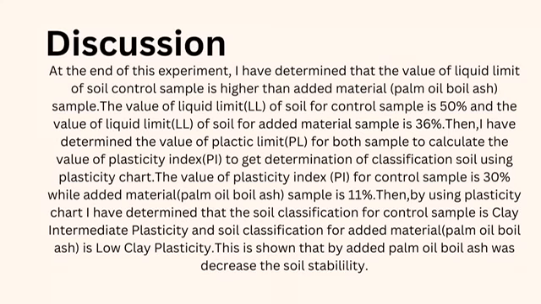Then, by using the plasticity chart, I have determined that the soil classification for the control sample is clay of intermediate plasticity and the soil classification for added material palm oil boiler ash is clay of low plasticity. This shows that by adding palm oil boiler ash, the soil plasticity was decreased.